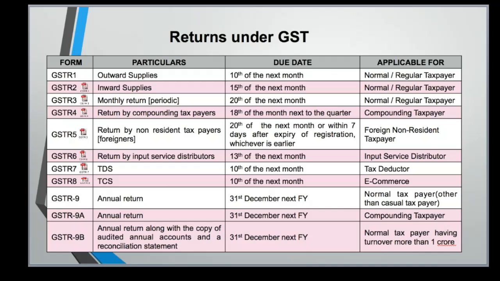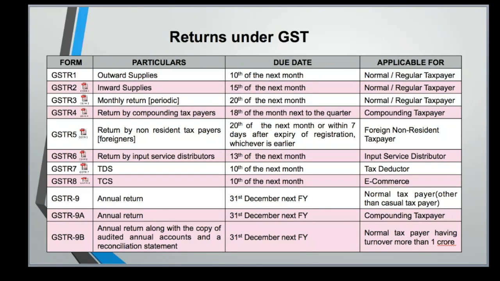Mr. Ambarish asks, can we issue a simple challan to a job worker? Earlier 5714 was required to be issued in case of it. What to do? So if you are registered and you are sending goods to a job worker, under rule 55 of the CGST rules, there is a concept of delivery challan. If the goods are being sent to job work for reasons other than supply, then you have to issue a delivery challan.